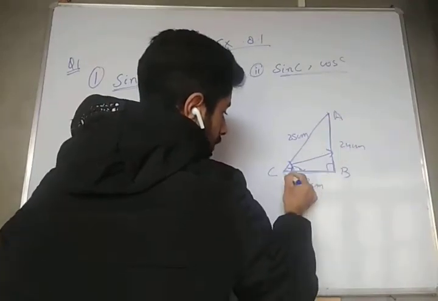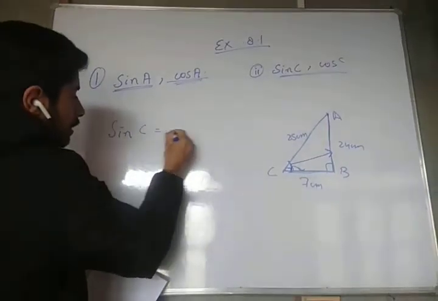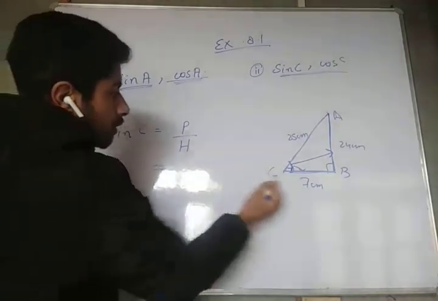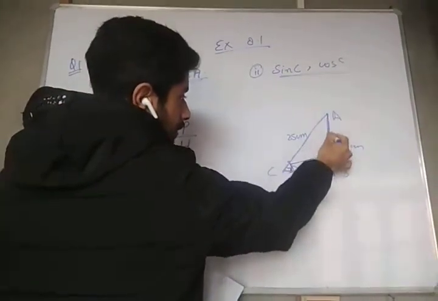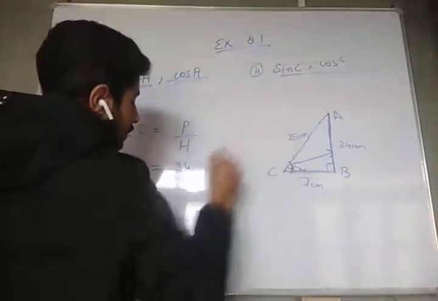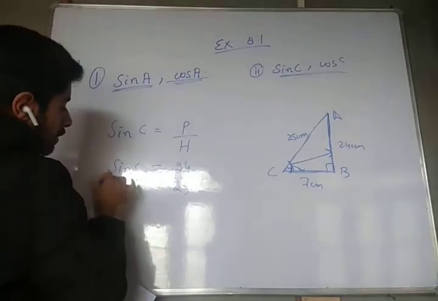Hypotenuse will remain same. As you know, sine is perpendicular over hypotenuse. So for C, perpendicular is AB, so it's 24. Hypotenuse is 25. So this is our sine of C.